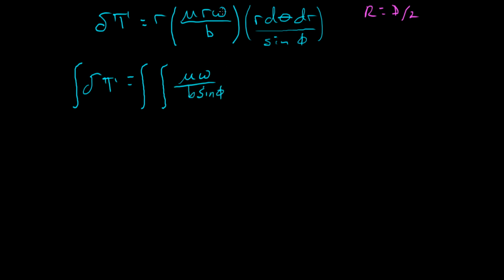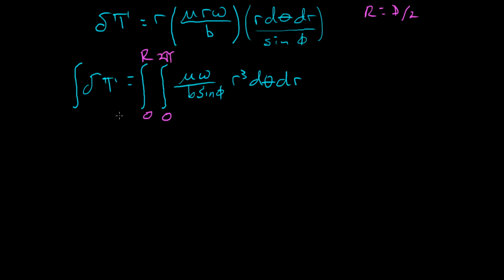We've got 1, 2, 3 r's, so that's an r cubed d theta dr. And the limits on this are going to go, since that thing came to a point, from 0 to r. That's going out to the radius at the end of that tapered pointed area. And we're going to do a full circle because we're going the whole way around our object, and so theta goes from 0 to 2 pi.